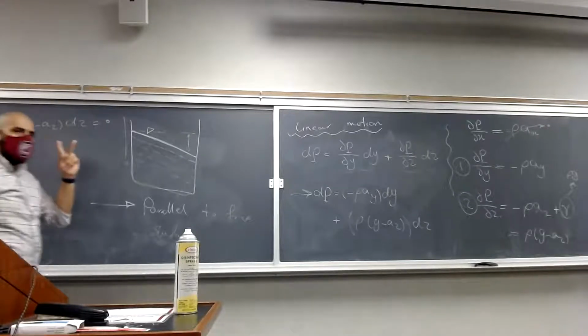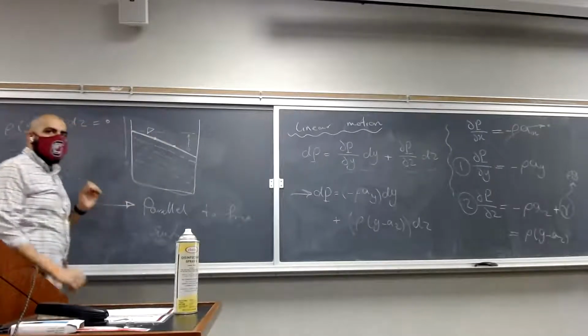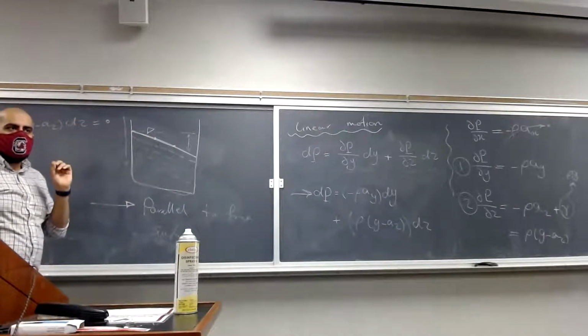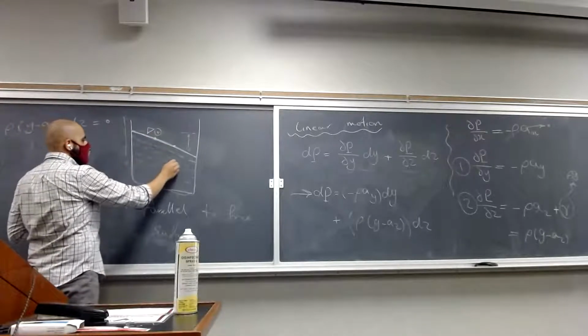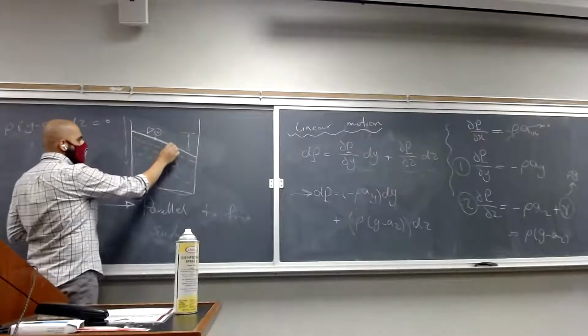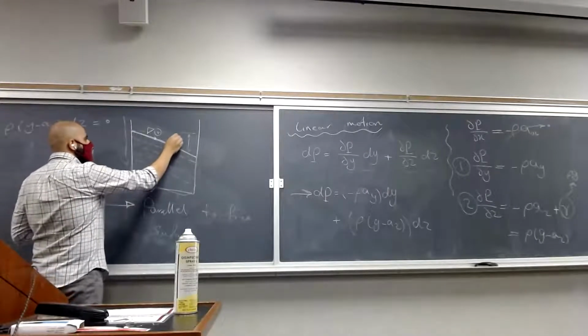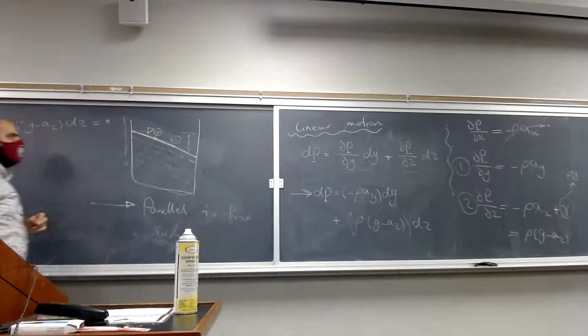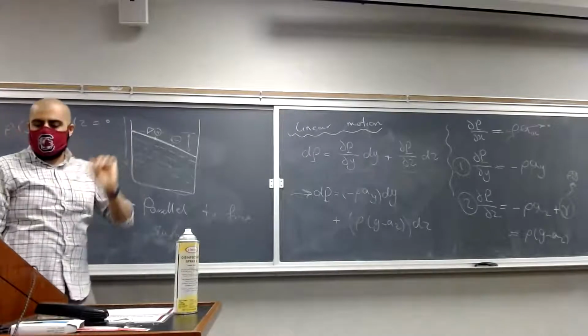So the two points you are analyzing have to be on the same constant pressure surface. If one of the points was here and the other one was here, then this wouldn't have held true. And these two points are essentially very close to each other because we are dealing with derivatives.